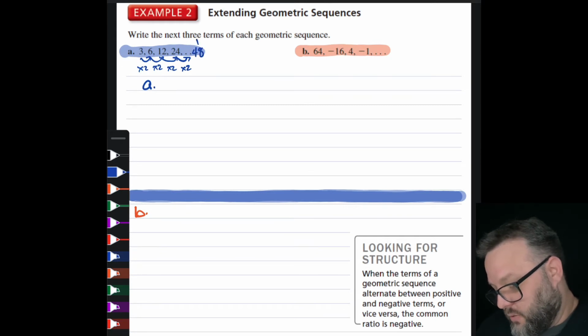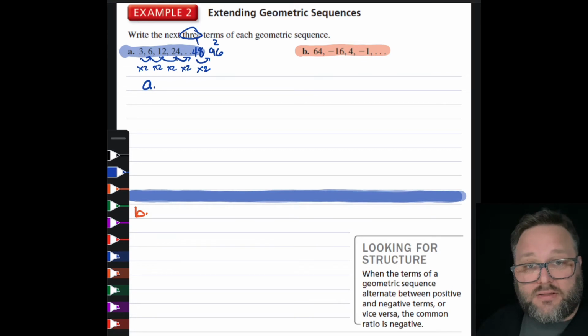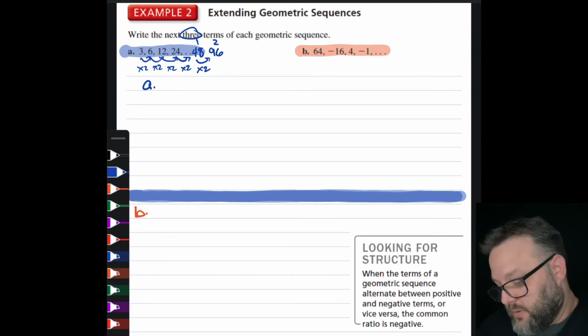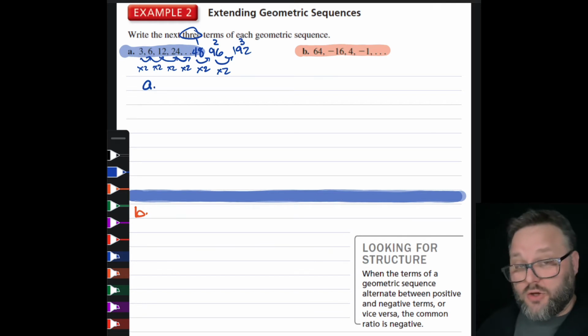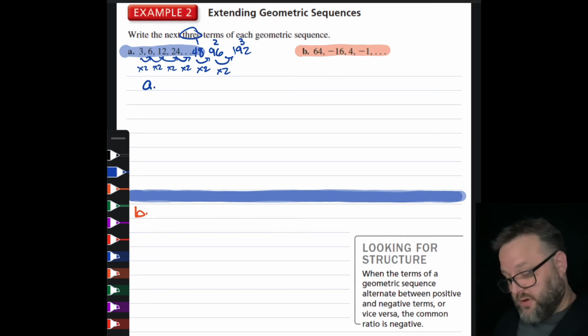There's 1, but it wants 3 consecutive terms. So I'm going to take 48 times 2, and I'm going to get 96. There's my second next consecutive term. So I'm going to take 96 times 2. That's 192, and that's my third consecutive term. I could keep going, but it only wants 3, so that's all I'm going to give it.